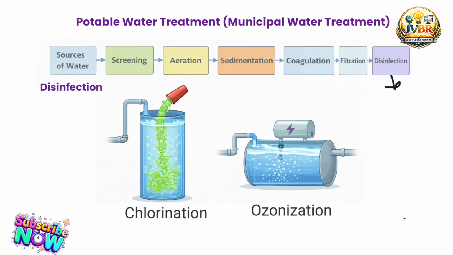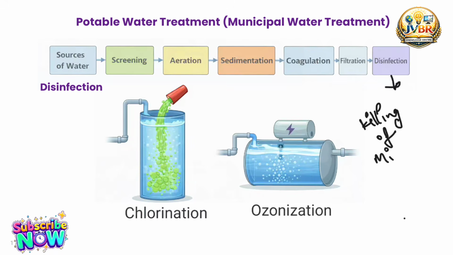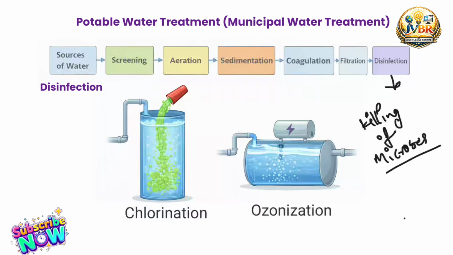This process is also called sterilization. Disinfection means the process of killing of microorganisms. In the disinfection process, the most commonly used processes are chlorination and ozonization. Chlorination is the process of addition of chlorine into the water in order to kill pathogenic bacteria.